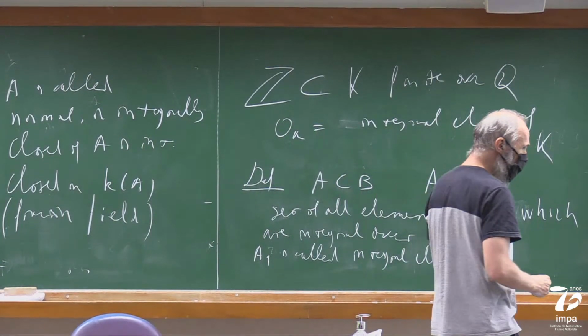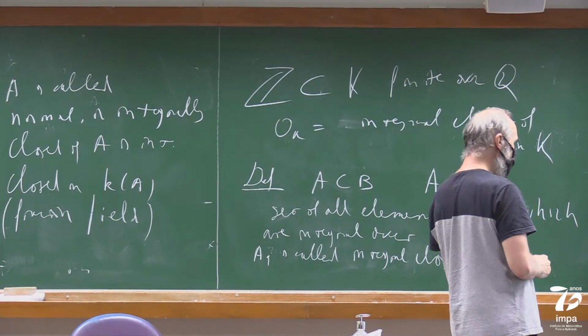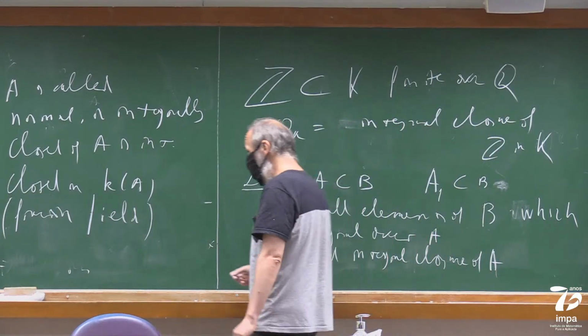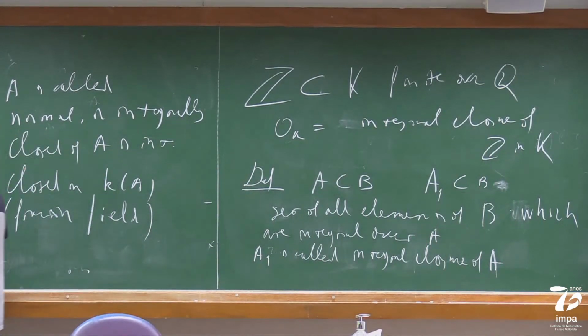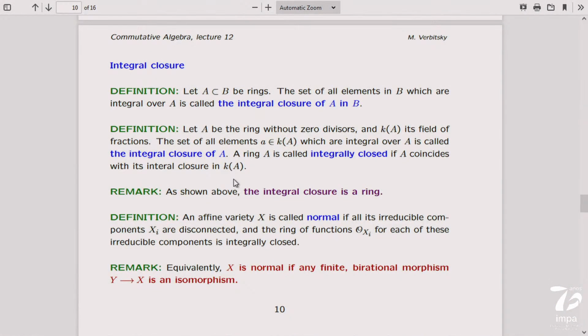Okay, so integral closure is a ring. It's something we have discussed. And of course, now we can define normal affine varieties. They will be affine varieties with an integrally closed ring of regular functions. Suppose you have X an affine variety.